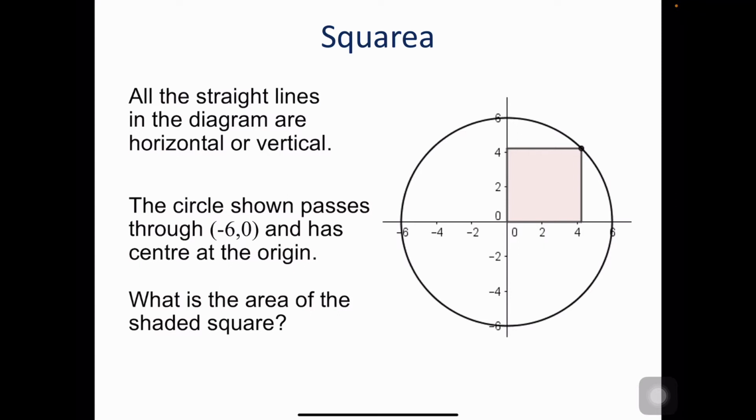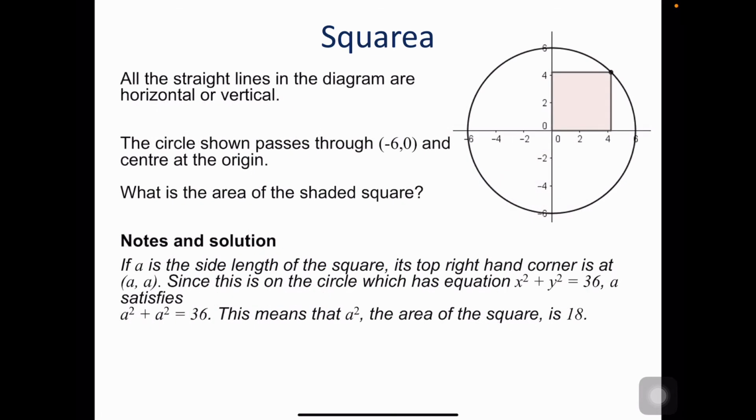So my hint for this question would be labeling the sides of this square. So I'll say a and a. Hopefully using my hint you were able to identify that this coordinate is (a, a). Now after you do that, you know that the equation of the circle is x squared plus y squared equals 36.